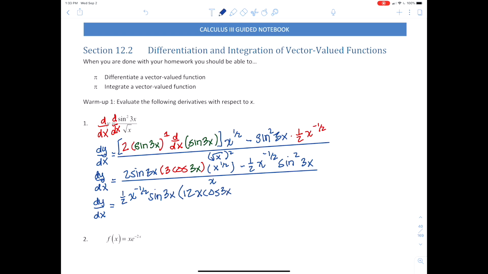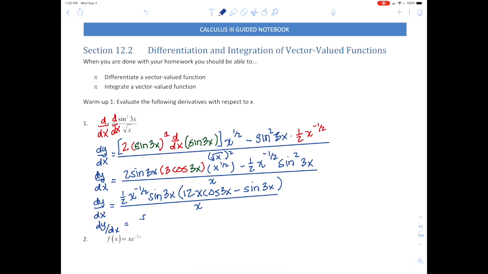Now, let's see, we have our 1/2 for the second term. We have our x to the negative 1/2, so we're just going to be subtracting 1 factor of sine of 3x all over x. And then we'll be able to drop down that x to the negative 1/2 and combine it.